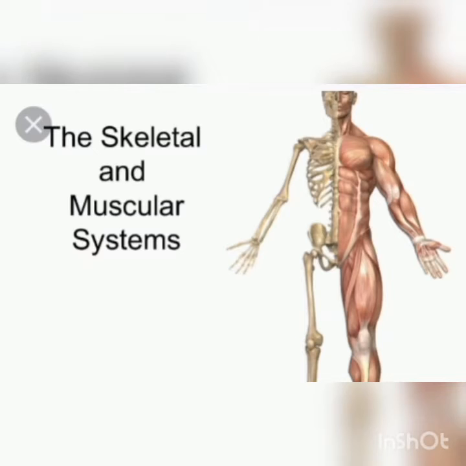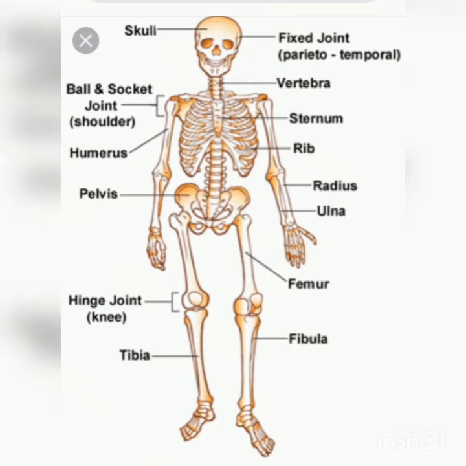Here are some parts of the skeletal system. They are the skull, rib cage, backbone and limbs. I will give you some definitions. The skull acts like a helmet that protects our brain.